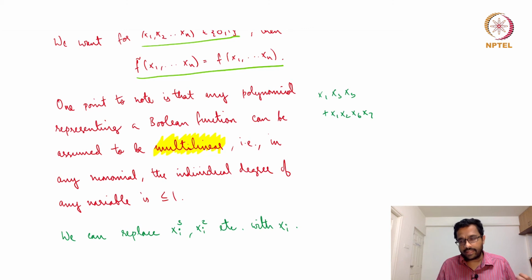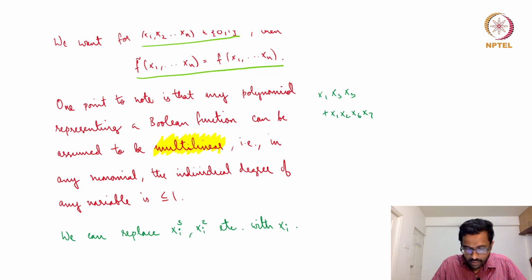So if you square x1 when the input is 0 or 1, xi squared is xi itself when xi is 0 or 1, and xi cubed is also xi itself. So there is no point in doing that, right?